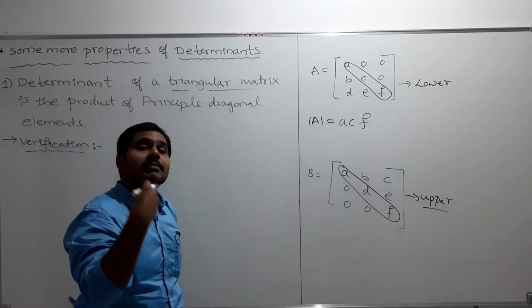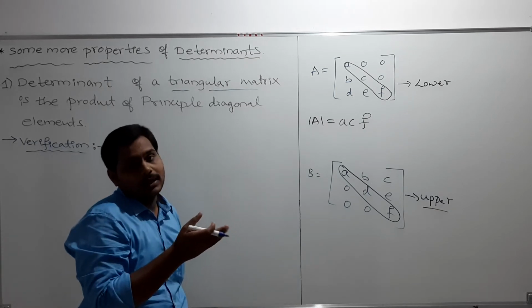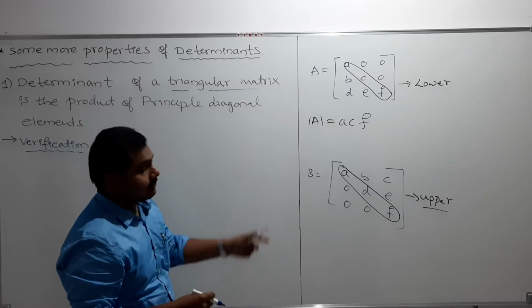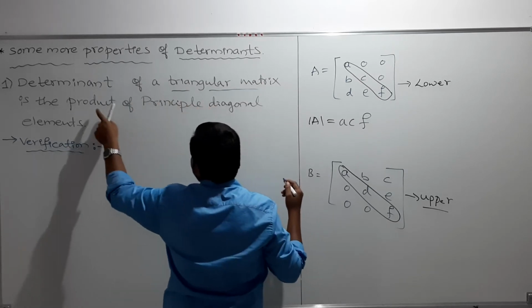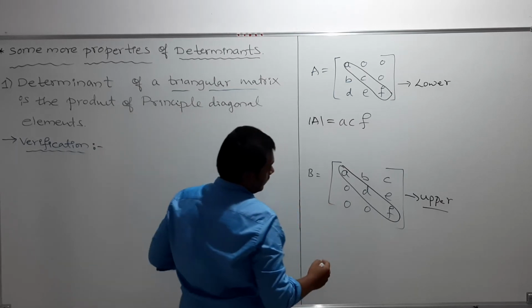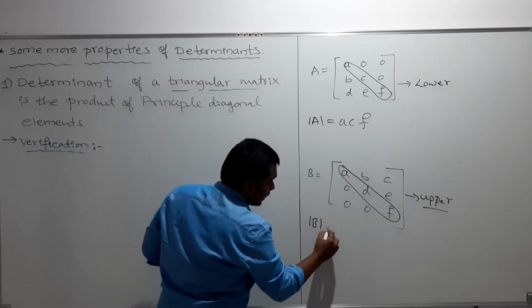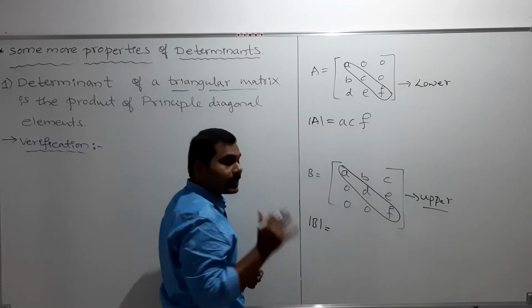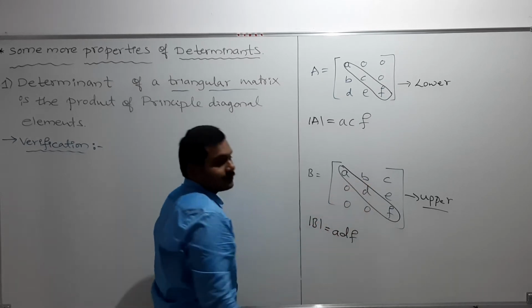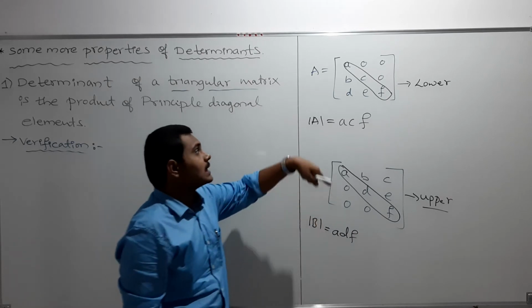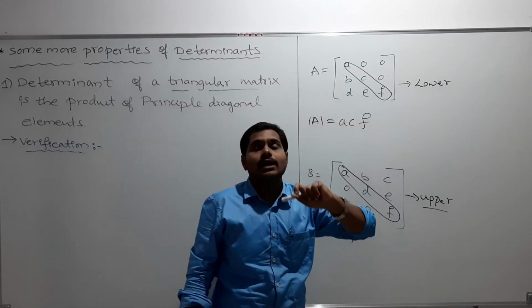Similarly, this is also an upper triangular matrix. It may be either upper or lower. In that case the determinant value is the product of the principal diagonal elements. So the determinant of this is directly A into D into F. This is an upper triangular matrix and this is a lower triangular matrix.